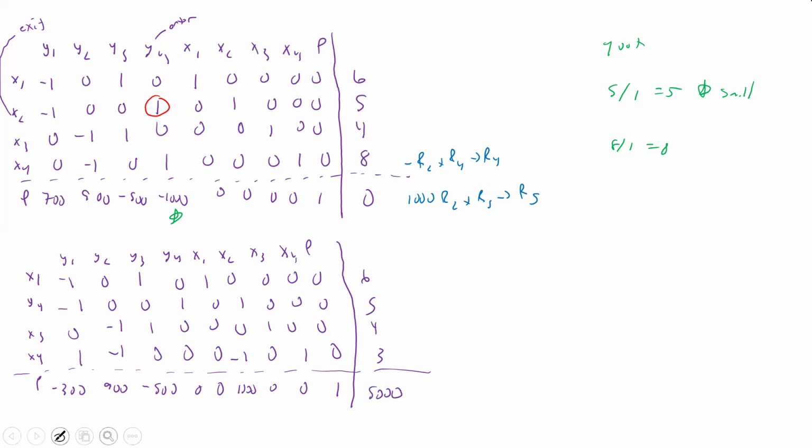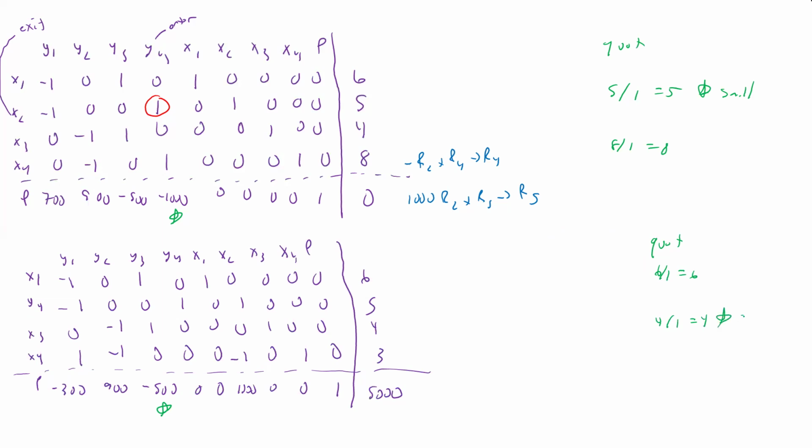All right, so what is the smallest? It looks like that one's the smallest, and again, that's zero, that's zero. So our quotients are just the top one, which is 6 divided by 1, which is 6, and then this one, which is 4 divided by 1, which is 4.